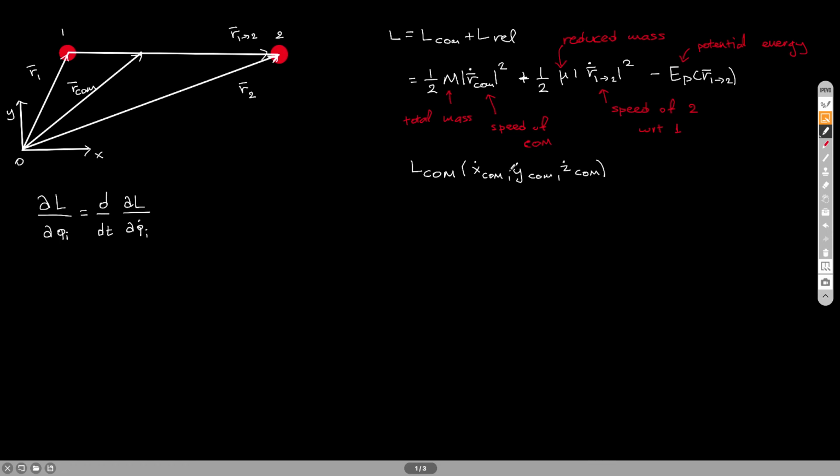So if you have x, y, z of the center of mass and you take the time derivatives, then this will be the x, y, and z components of velocity, and for all of these I'm referring to the center of mass.